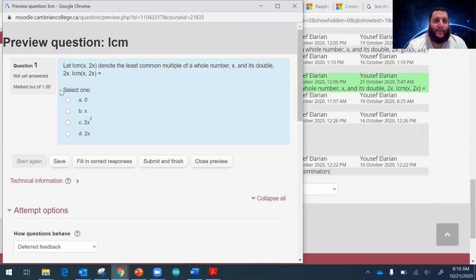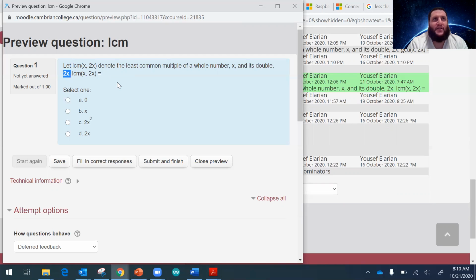LCM. Similar question. Let LCM(x, 2x) denote the least common multiple of a whole number x and its double 2x. The least common multiple of x and its double would be a multiple, so it cannot be x. It has to be at least 2x because you need it to be a multiple of both numbers.